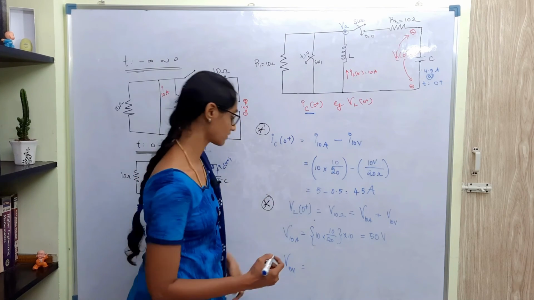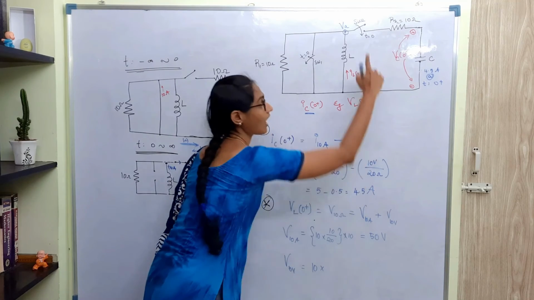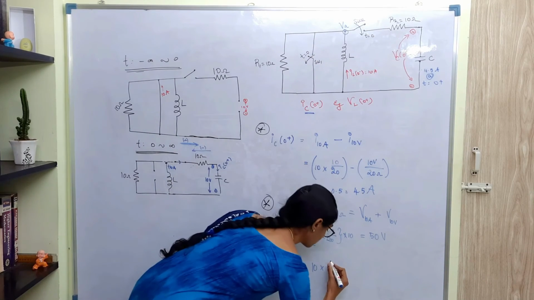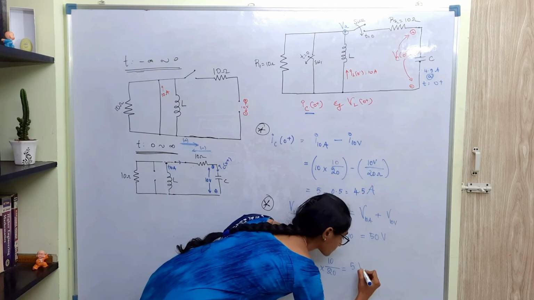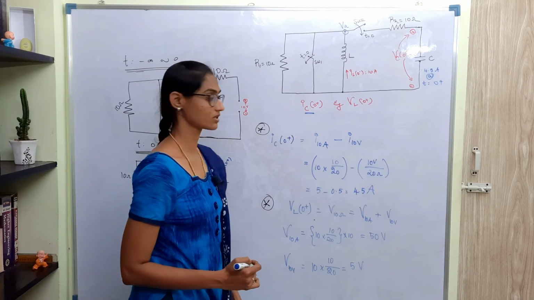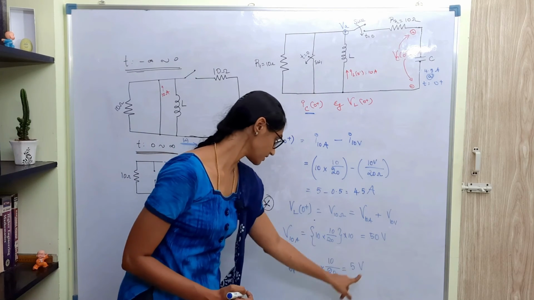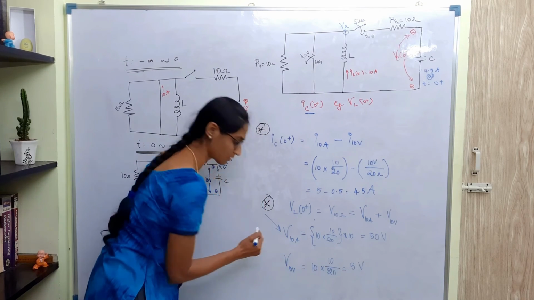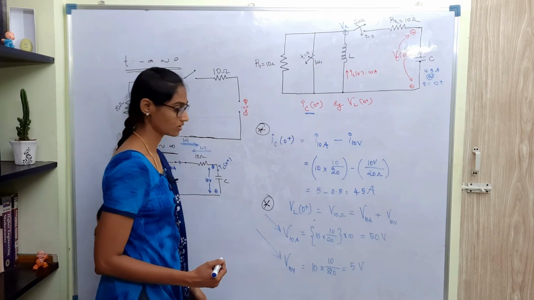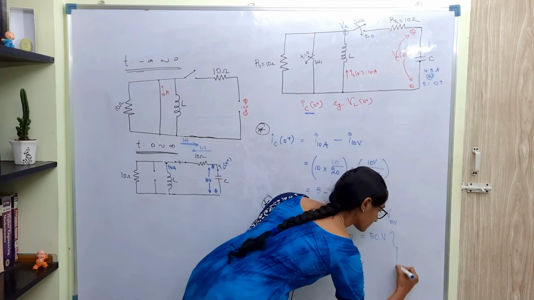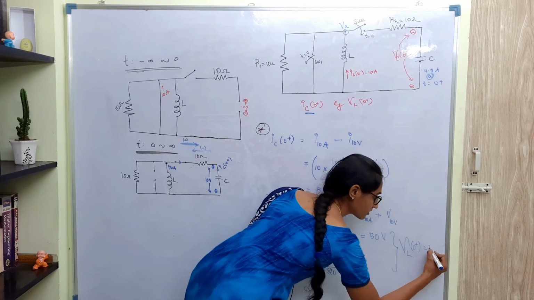So this voltage will be the total voltage of 10 volt into R2 divided by R1 plus R2, which is 10 by 20, which is 5 volt. So totally, what is VL0 plus? VL0 plus will be 50 plus 5, or the voltage that is contributed by the 10 ampere plus the voltage contributed by the 10 volt voltage source. So this implies that 50 plus 5, 55 volt.